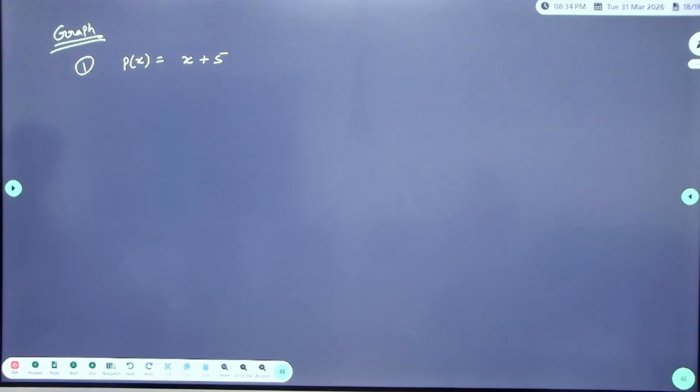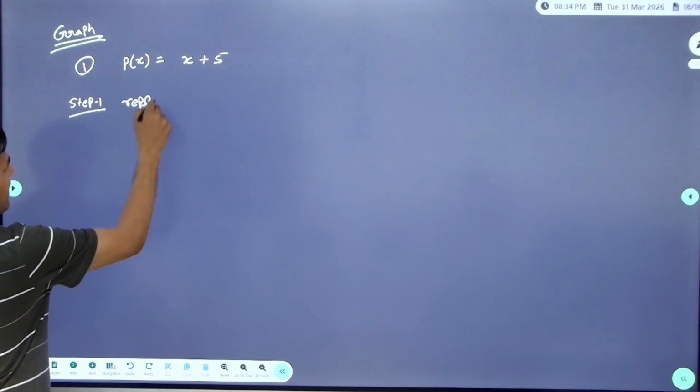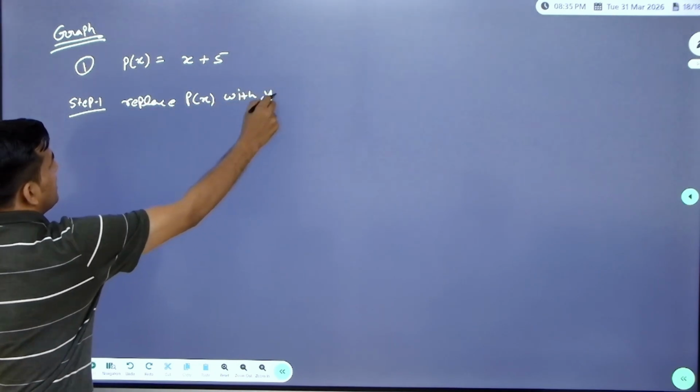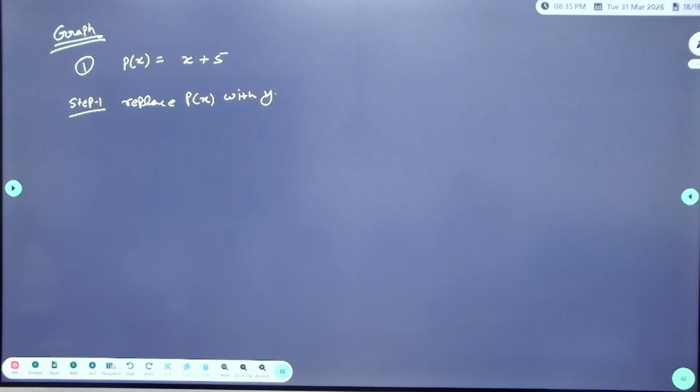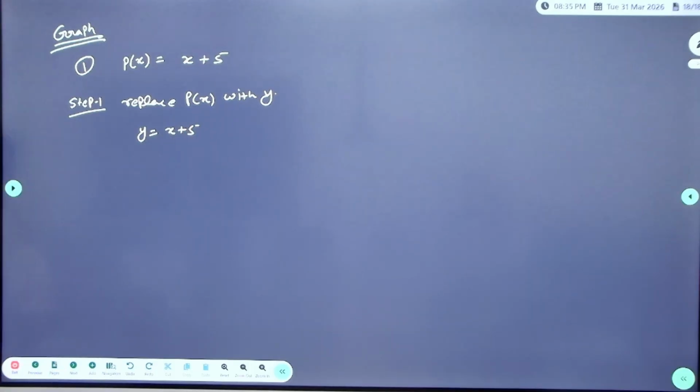So first step is to replace p(x) with y. So first step क्या होगा? Replace p(x) with y. This is your first step. So it becomes y is equal to x plus 5. Now what we do to make the graph of this line?